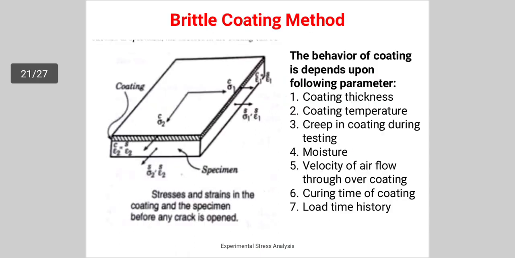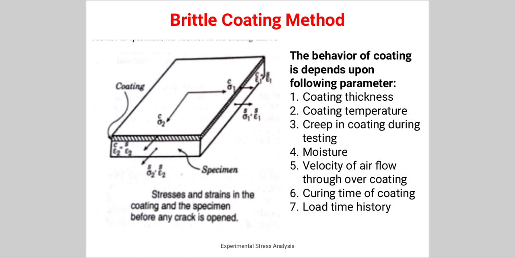Initially we'll discuss the brittle coating method. As already discussed in the introduction, the brittle coating method is called a qualitative method. Why is it called a qualitative method? Because the final result of the brittle coating method is obtained in the form of a quality figure or crack patterns.